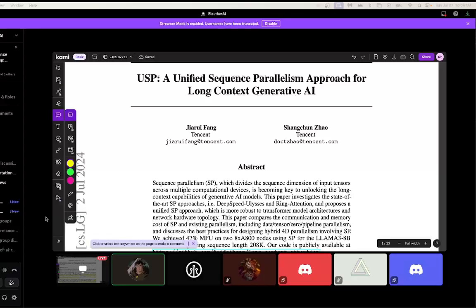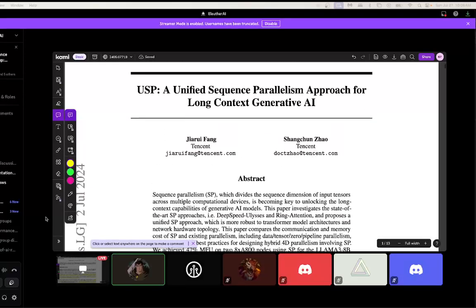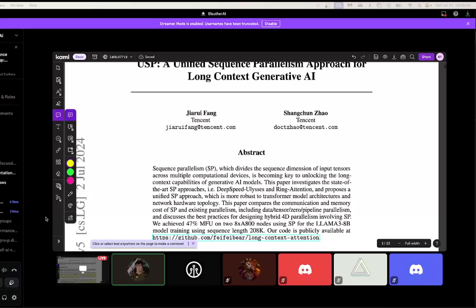Today we're going to discuss USP, which stands for Unified Sequence Parallelism. It's a sharding strategy in the context of long sequences.